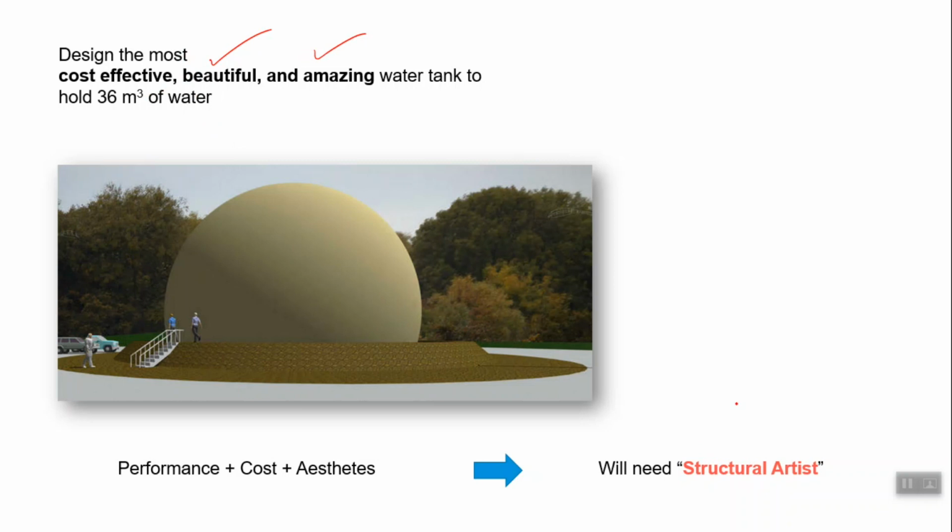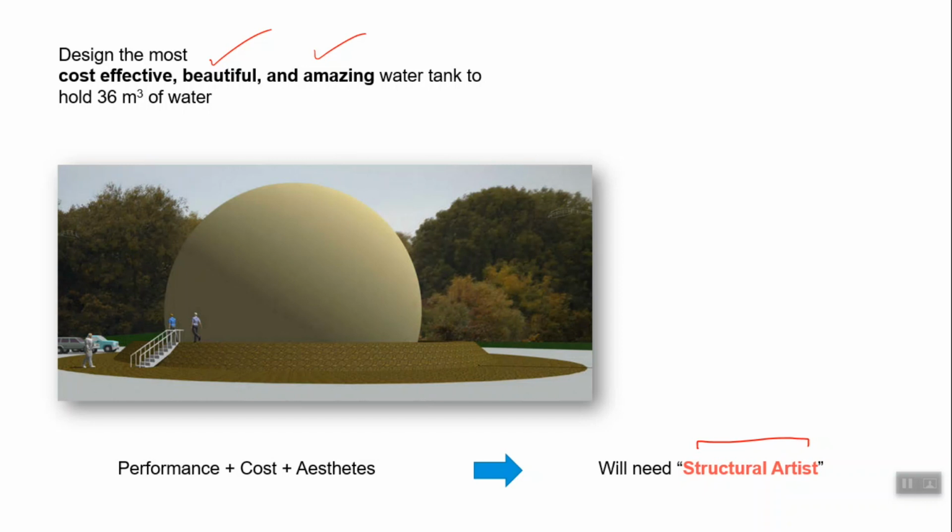I call it a structural artist who can handle these kinds of questions. So, not only performance and safety, not only cost, but also aesthetics. Your target is to design something. It may not even be a regular water tank structure; it can be anything which can hold 36 meter cube of water, because it will serve the purpose.